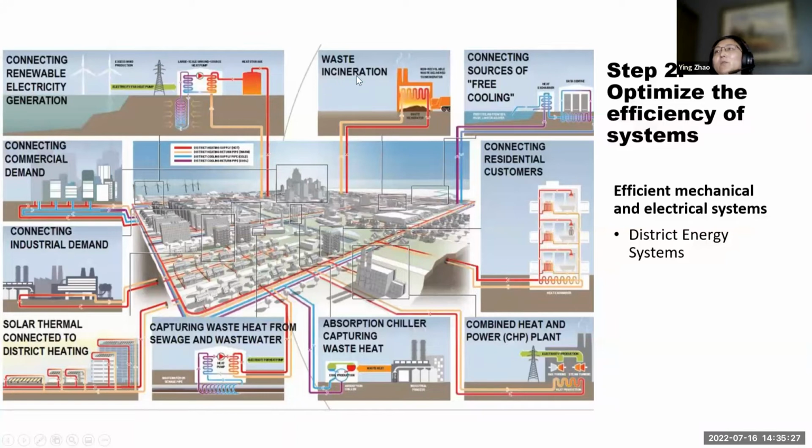It's large, so it can apply a lot of strategies. For example, they have free cooling from the lake. They can apply renewable energy systems, capture waste heat, and have solar thermal. They have everything, because the system is large, they can include everything.